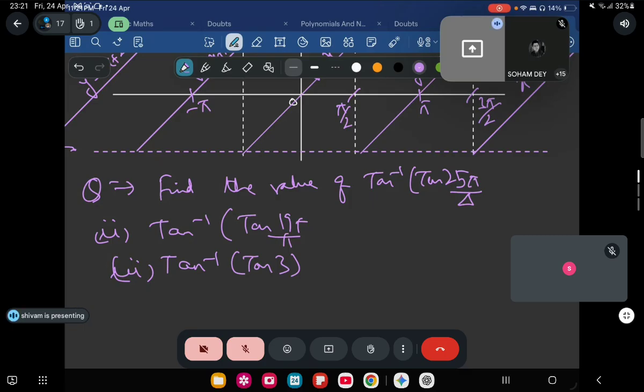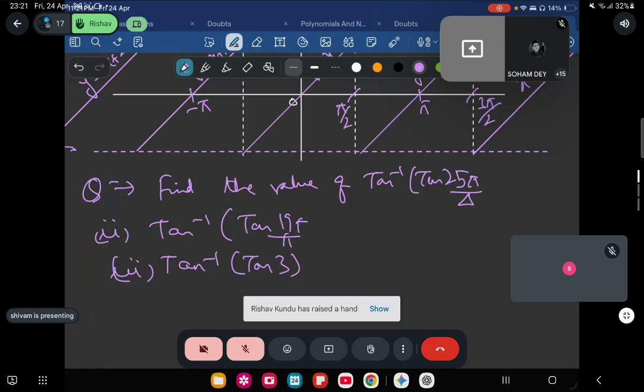So first one, anyone raise your hand and tell me what is tan inverse tan 25 pi by 4? Only one or two people. What about others?